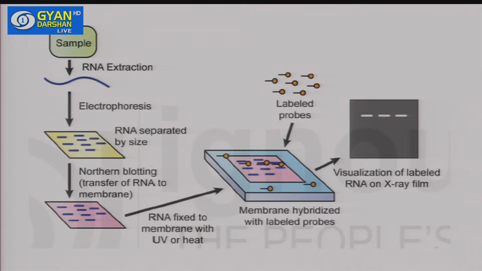That is, you will prepare a probe, a labeled DNA or labeled gene of interest, and you will hybridize that gene of interest with your RNA. So if there is transcript, then the gene of interest which you have used as a probe will bind to the messenger RNA, so that you will be able to find out that the messenger RNA transcript is generated.